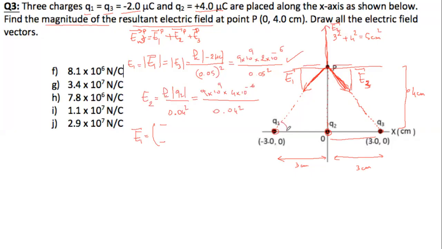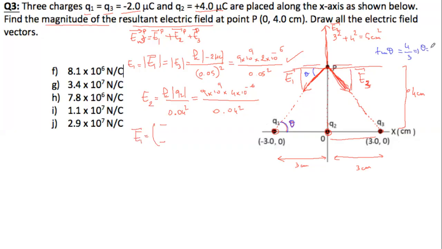Now this angle here, let me call it theta. Let me take another color of pen. So theta is this angle here, and it's this angle here. Now what can we say about theta? Well, tangent theta is equal to 4 divided by 3.